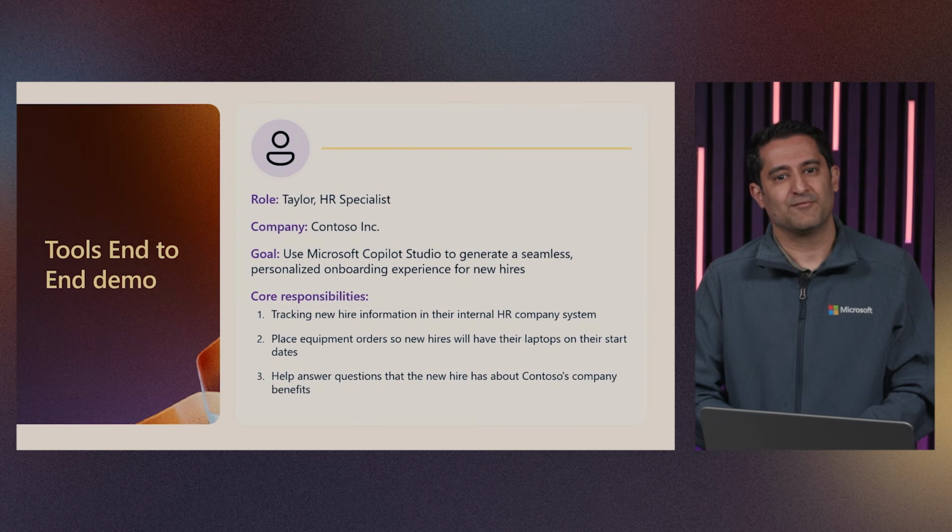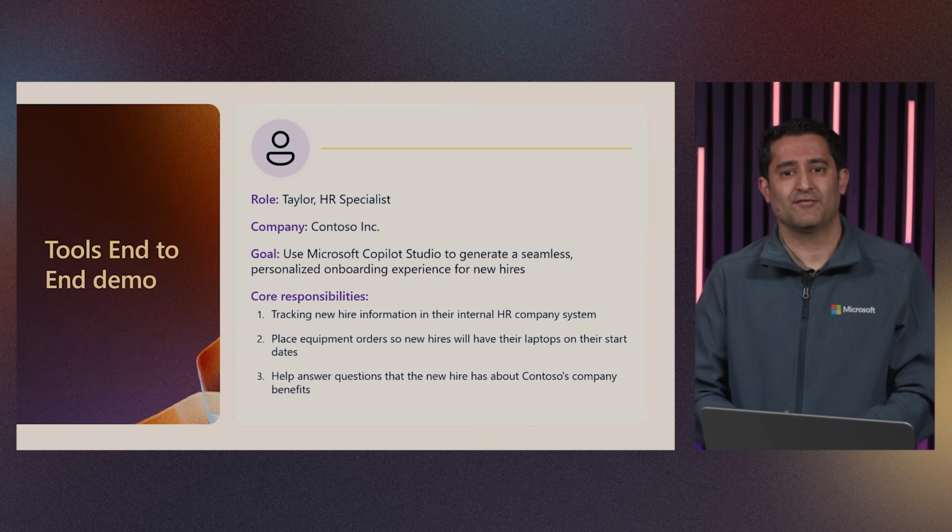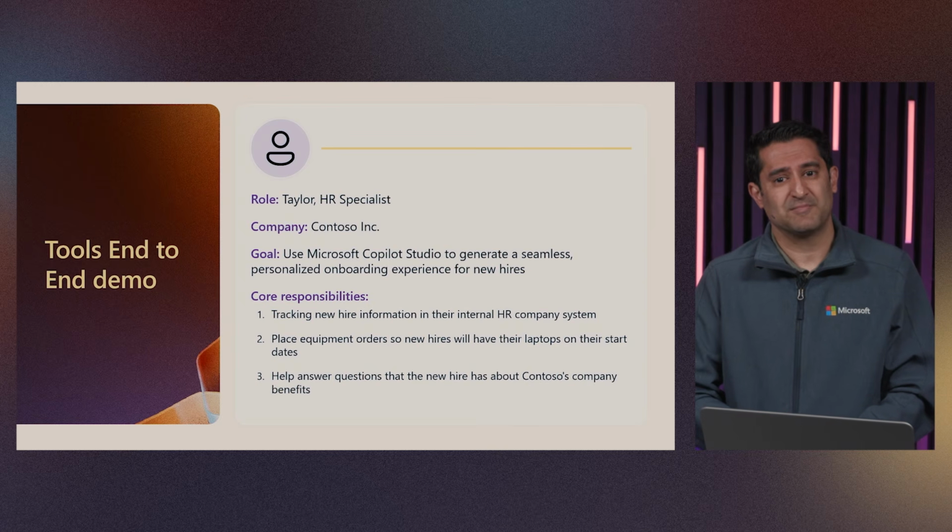Then she looks up the equipment to order for these new hires and she places an order for them, for which she again utilizes multiple systems and resources. By the way, due to the nature of her role, she's also expected to address queries from new hires about Contoso benefit policies, etc., which keep changing quite a bit, causing churn for Taylor.